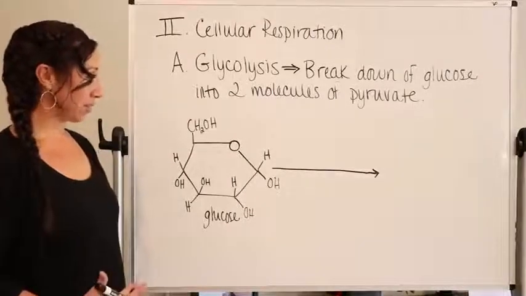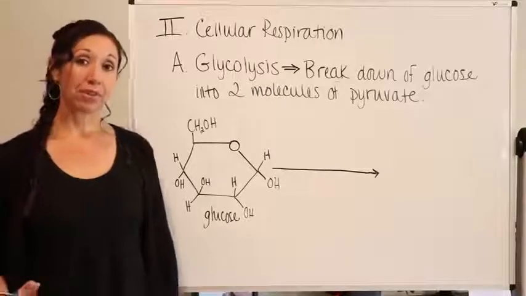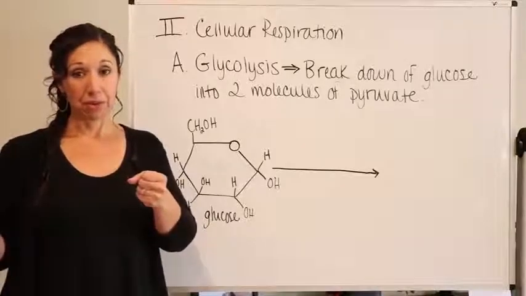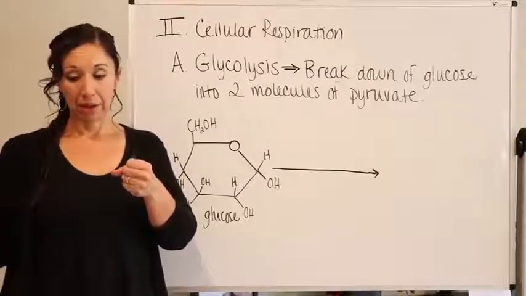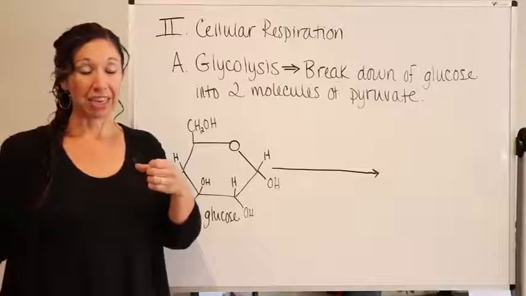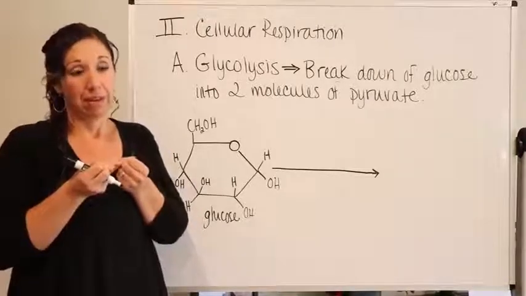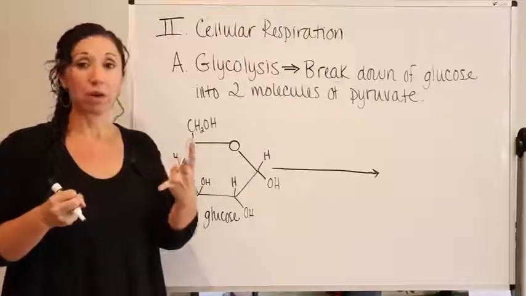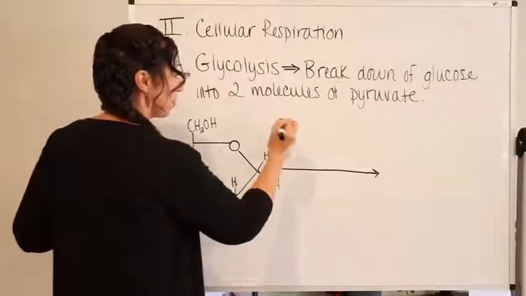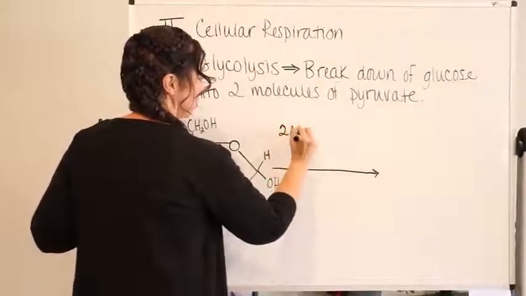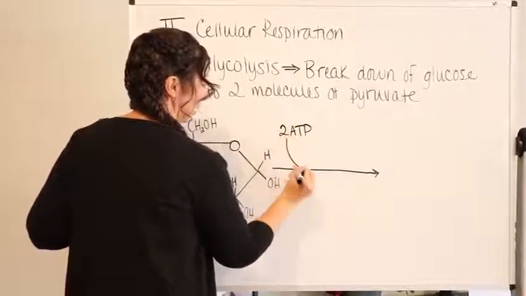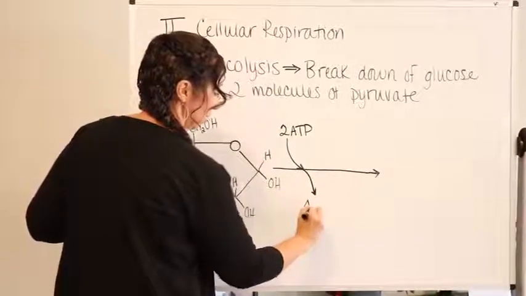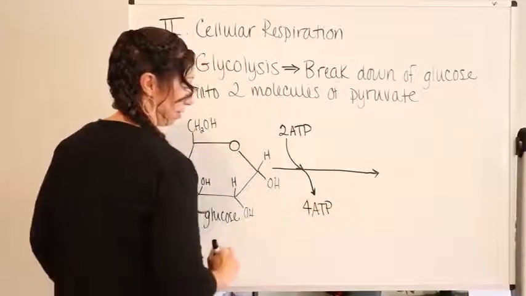But during this whole catabolic pathway, a couple of very important things are happening. 2 molecules of ATP actually get used in this process. But during the course of all of these reactions, you end up making 4 ATP. So 2 molecules of ATP go in, but overall 4 ATP get out.